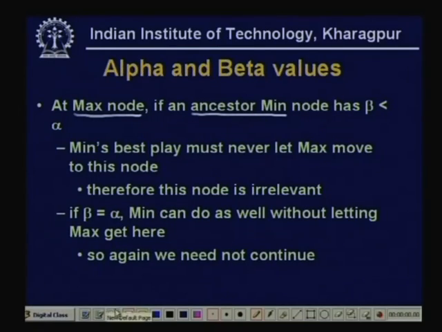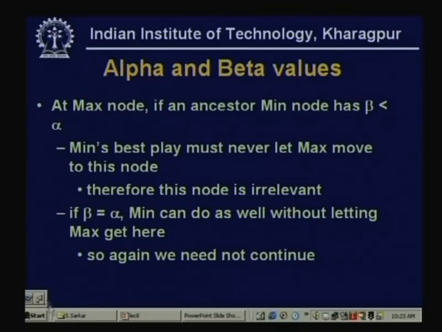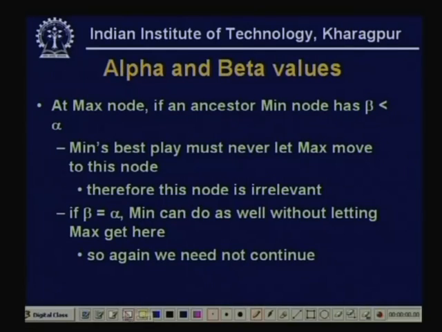So, just to draw a diagram, suppose this is a max ancestor, and then there are some parts of the tree and there is a min predecessor.